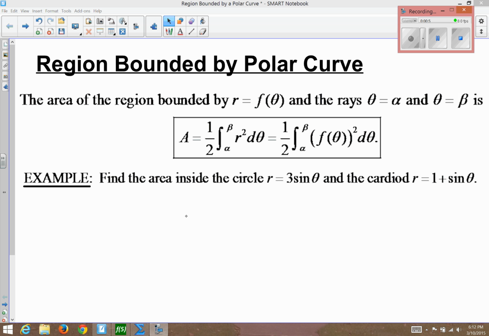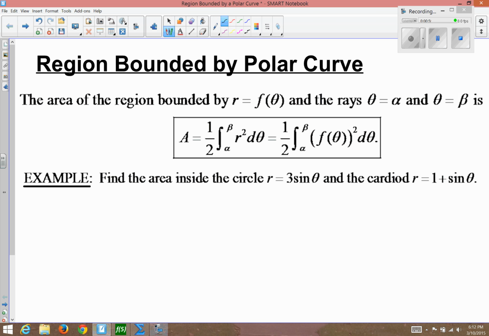The first example we're going to do, I think this will be the only example for the video. Find the area inside the circle, which we're going to draw blue. The circle r equals 3 sine theta, and the cardioid r equals 1 plus sine theta.